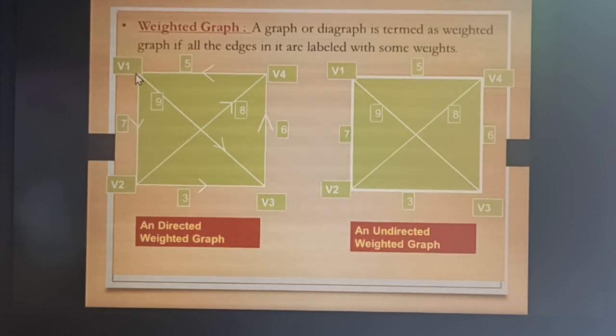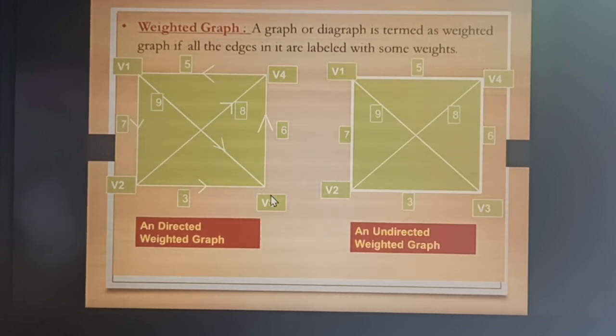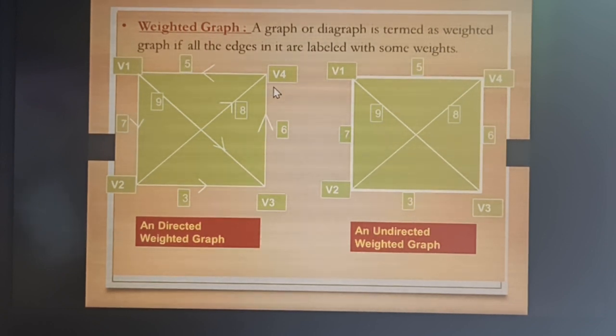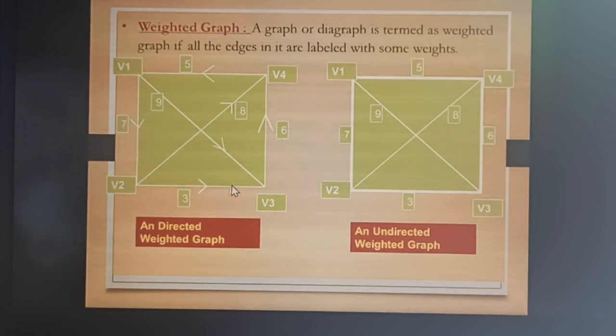I can choose v1 to v3, 9, then v3 to v4, 6, total 15. I can also choose v1 to v2, then v4, 7 and 8, 15. I can choose v1 to v2, then v3, then v4, 7 plus 3 plus 6.